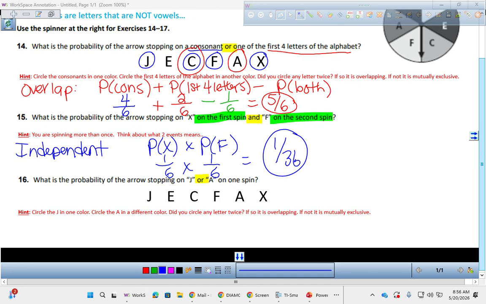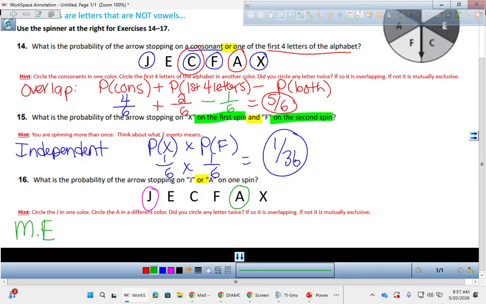The last one says, what's the probability of the arrow stopping on J or A on one spin? It's not independent because it's only one spin. So let's think about the J's and A's. There is no overlap there. I did not circle anything twice. If there is no overlap, we call these mutually exclusive events.